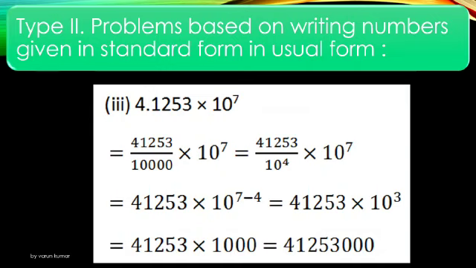Remember that formula. We apply that and get the result 41253 0 0 0, because 10 to the power 3 is left, so the digit in usual form is 41253000.